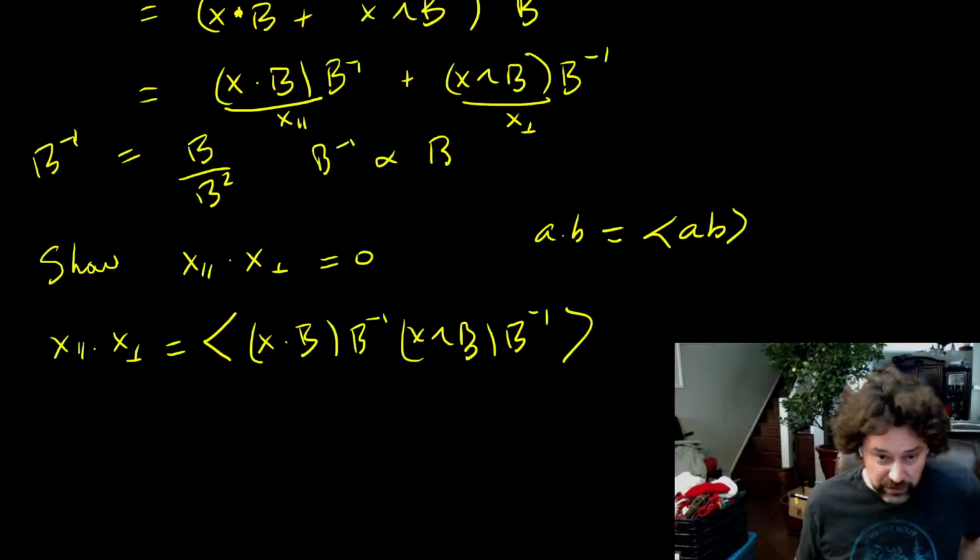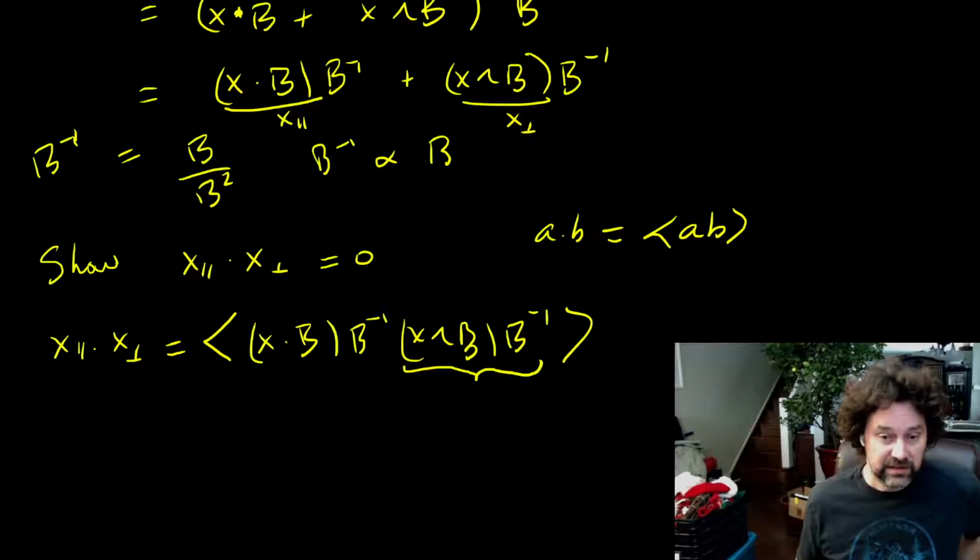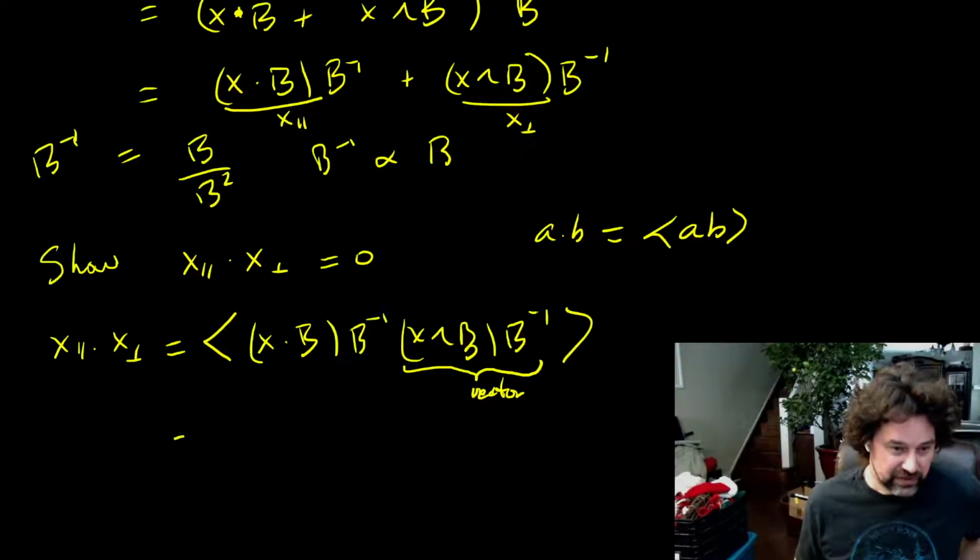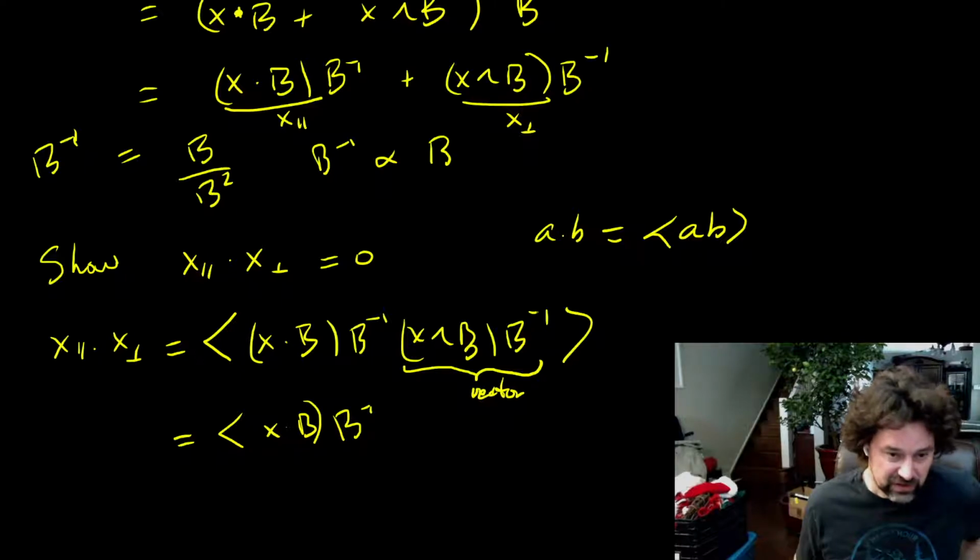Now we will utilize our flexibility. So this is a vector. And if we apply the reversion operation to all terms of this multivector expression, then we end up with still having a vector. So we can write this as x dot b times b inverse. That part is unchanged.